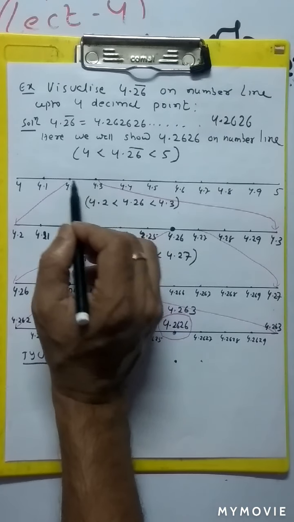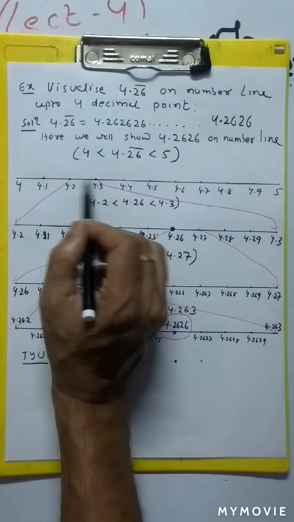Now we have to locate 4.26 bar. You see 4.26 is greater than 4.2 and less than 4.3. So this is 4.2, this is 4.3. In between these two, the gap is very small. We cannot exactly locate 4.26.